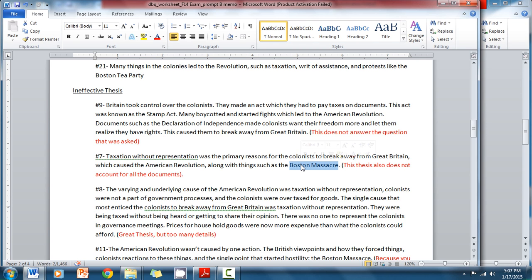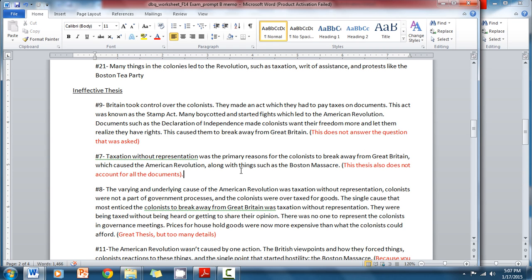Okay, so this is a very skeletal type of thesis. It does not really account for all of the documents. You've only talked about two things: their resistance to taxation, and you've only talked about one event, the Boston Massacre.